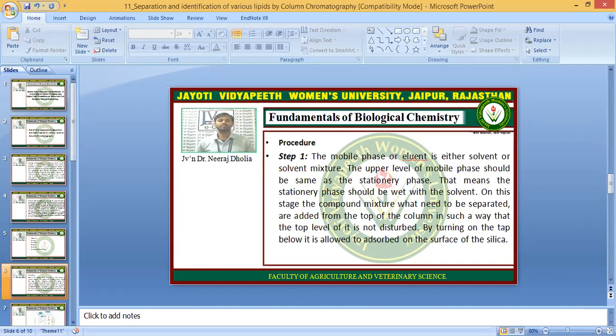At this stage, the compound mixture that needs to be separated is added from the top of the column in such a way that the top level of it is not disturbed. By turning on the tap below, it is allowed to adsorb on the surface of the silica.